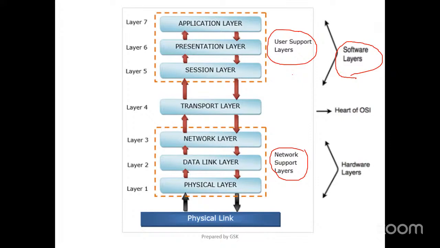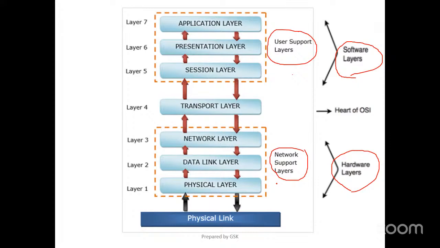Remember each and every point. The bottom 3 layers are called hardware layers because they work with different hardware devices like hubs, routers, etc. Top 3 layers are software layers, and those are user support layers.